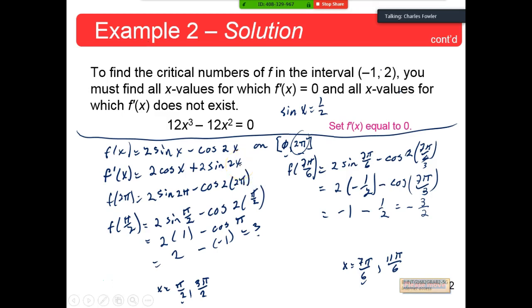Anyone tell me what? Okay, this will be 2. What's the sine of 2 pi? 0. All right. Minus, what's cosine of 4 pi?